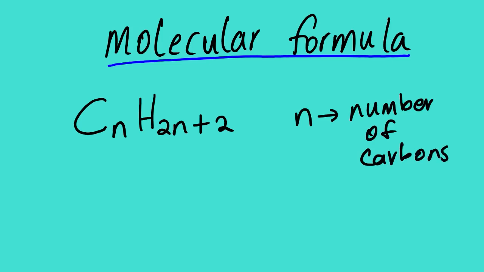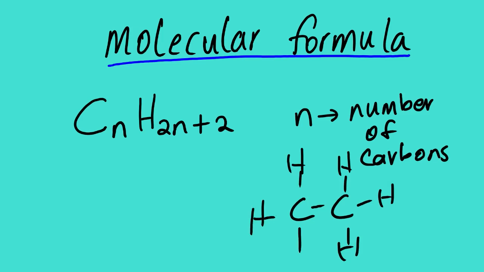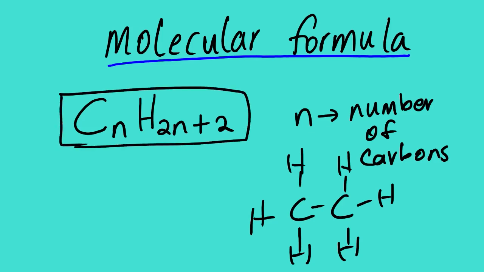So suppose we are looking for the molecular formula of ethane, which consists of 2 carbons and 6 hydrogen atoms. Now from this equation, how can we predict the structural formula and the molecular formula? Where we see n, we are going to substitute 2, since ethane represents 2 carbons.